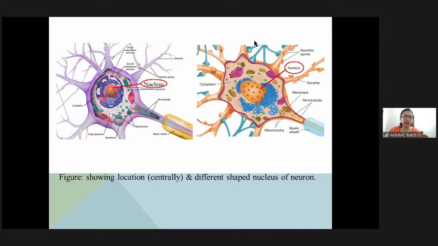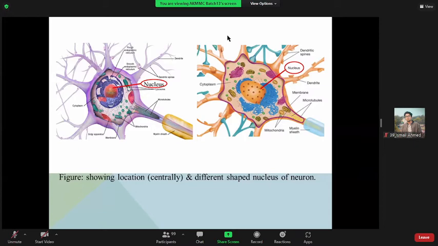Can you see any dot here? Yes, ma'am. These are Nissl bodies or Nissl granules. Okay, Nissl granules. এখন অন্যান্য সেলে কি আমরা এরকম Nissl granule বা Nissl body পেয়েছি? No, ma'am. Only in neuron.